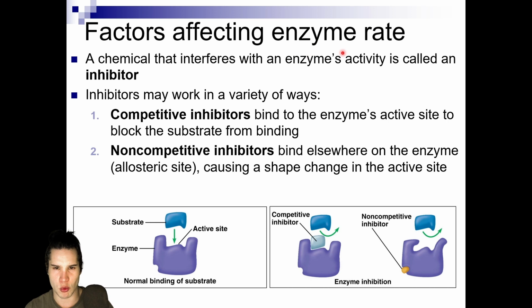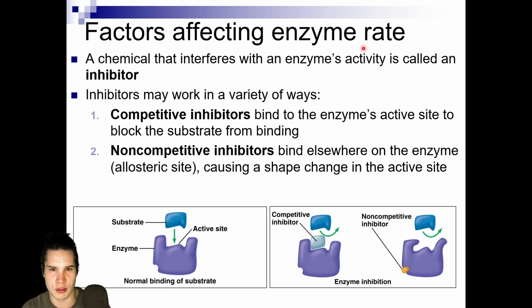So with enzyme rate, we're not talking about the rate that a singular enzyme will convert substrate to product. We're talking about how fast a collection of enzymes in a solution of a certain concentration of substrate, at a certain temperature and pH, will create product. So this is kind of a numbers game.